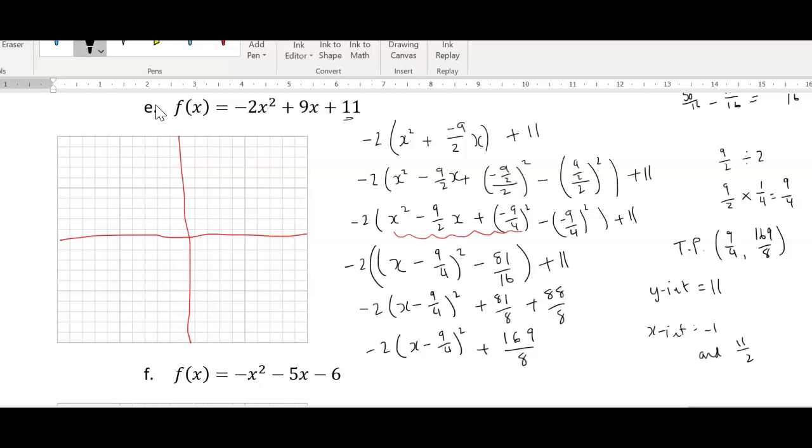Now 168 divided by 8 is going to be, oh my gosh, I can't even think of where that might be. Well, 160 divided by 8 is 20, so we're around 21. So we're going to need quite a long y-axis. And then what is the 9 on 4? So 2 and a bit.